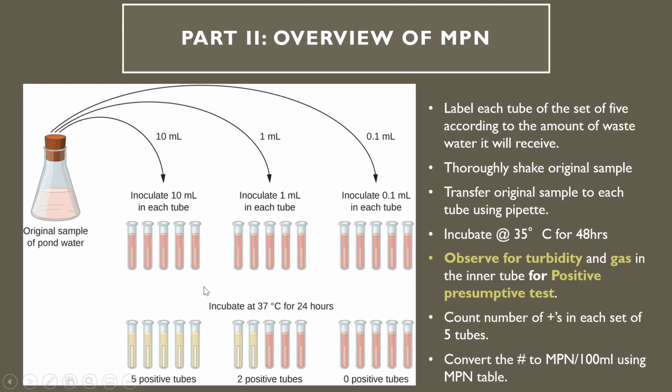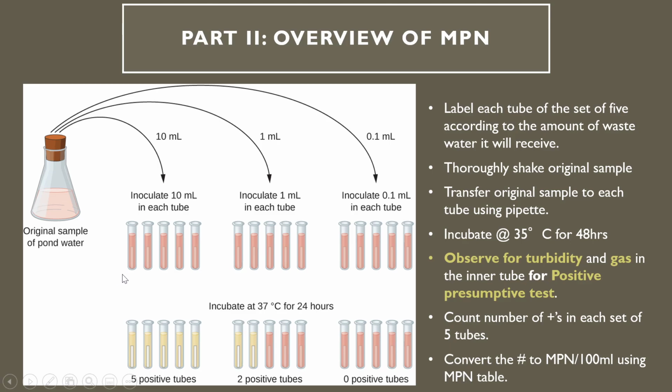So in this case, the yellow color is a positive result and the pink color is a negative result. So we have our tubes that have 10 milliliters of our original sample, our tubes that have 1 milliliter of our original sample, and then our tubes that have 0.1 milliliter. So the more milliliters from the original sample they have, the higher the chance of being positive, the chance of having the organism inside of the sample.